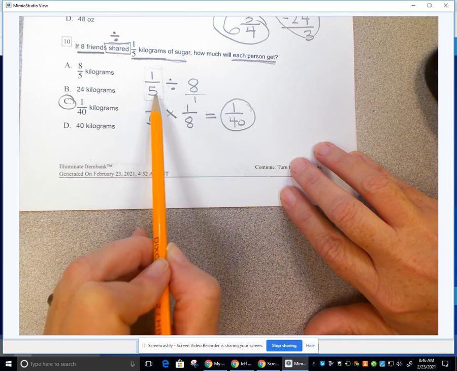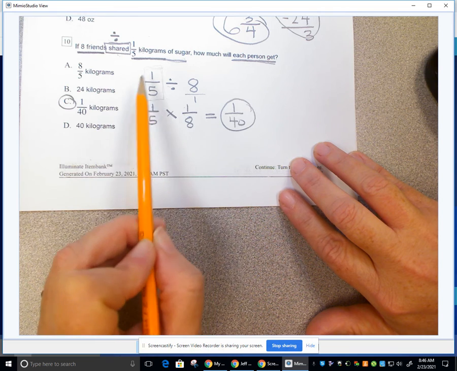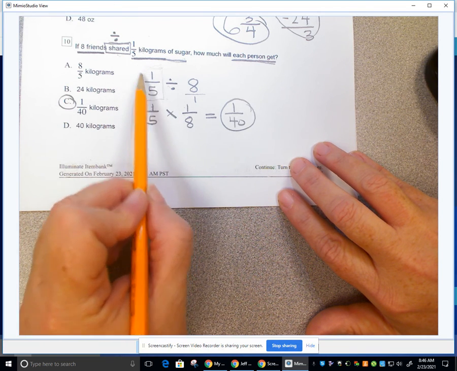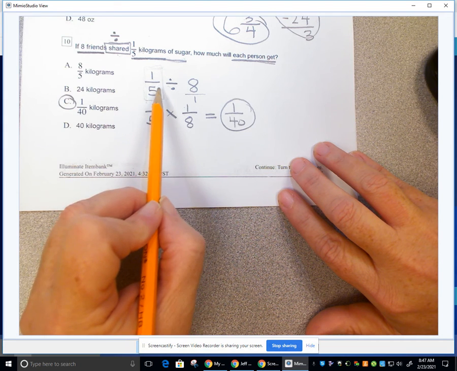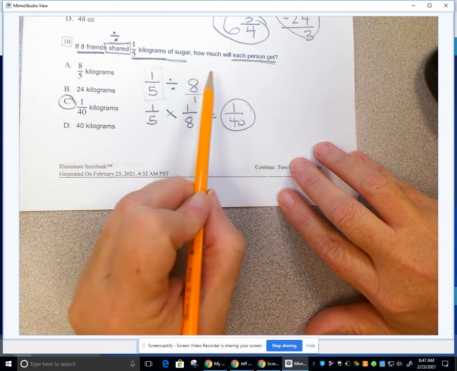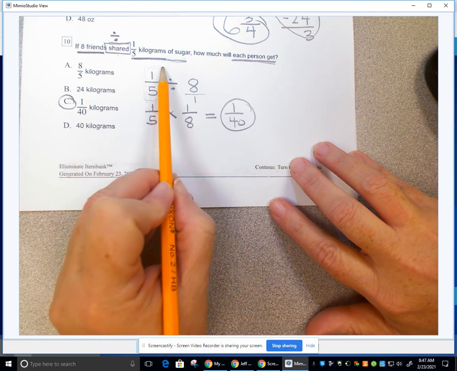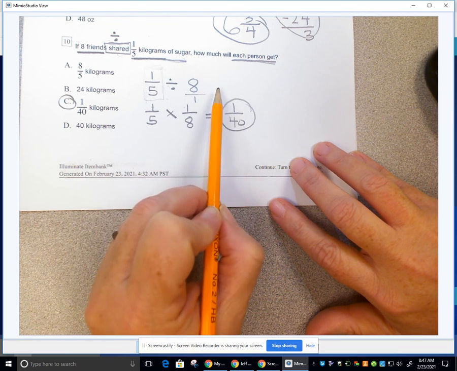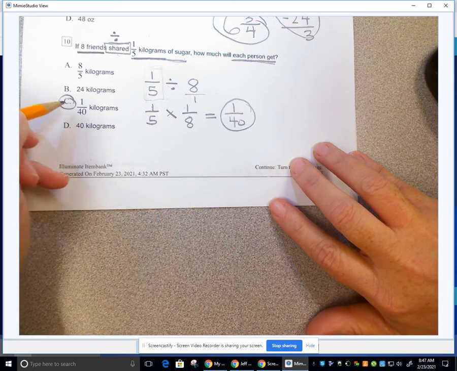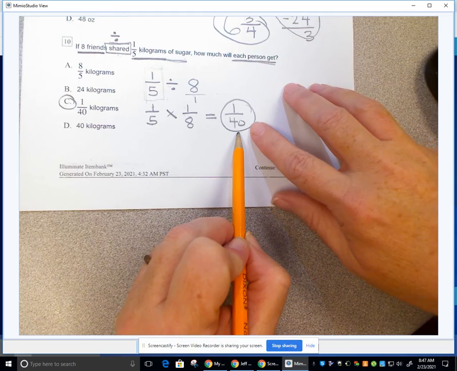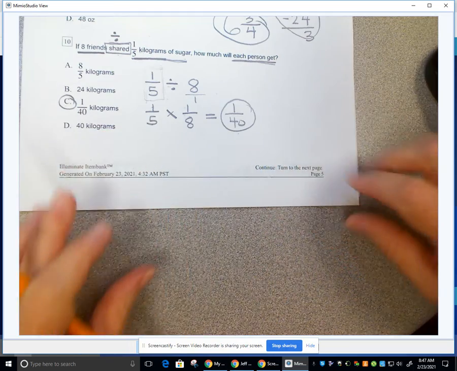First number goes in. So I apologize. So remember, if the dividend, the first number in a division problem, is a fraction, my quotient will be a fraction. But if my dividend is a whole number, my quotient will be a whole number. So C is the answer here. Each person will get 1/40th kilogram of sugar.